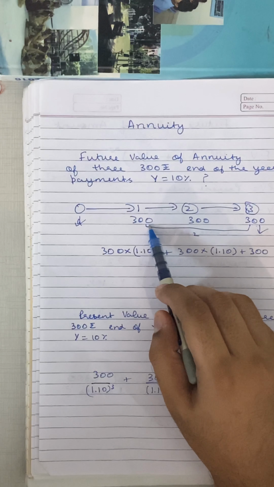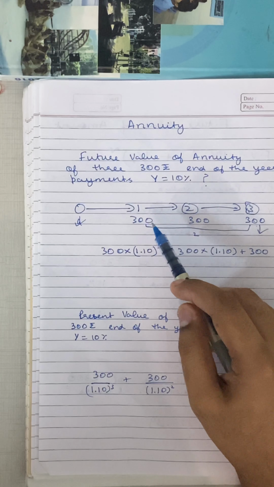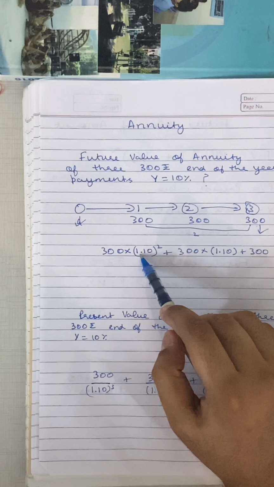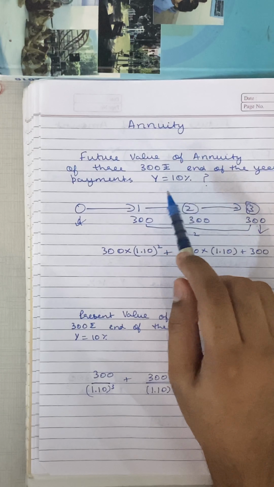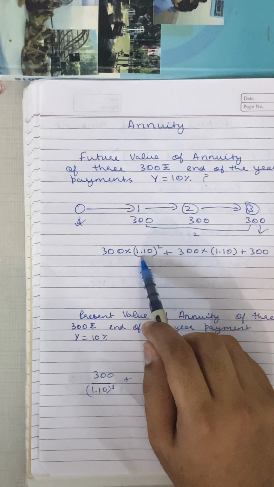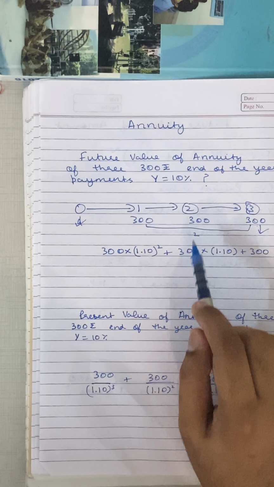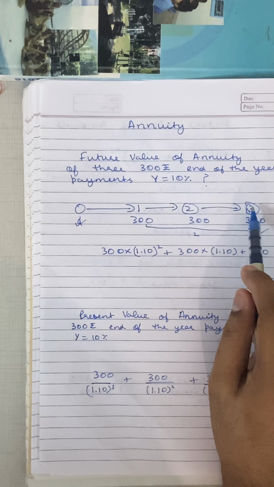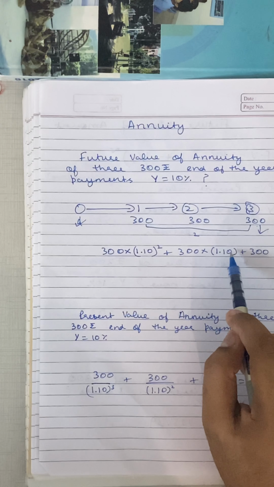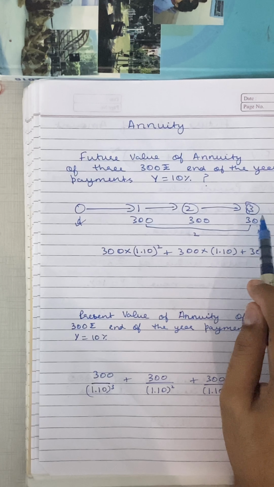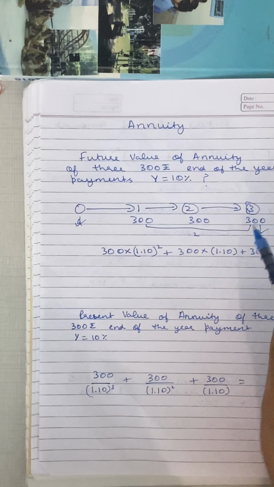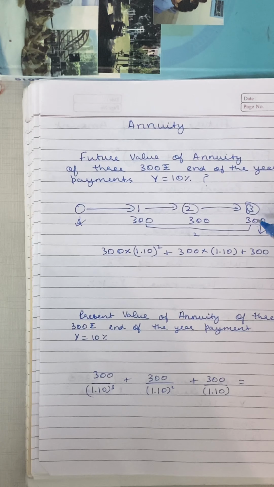So the first 300, if we want to add the interest as well, we will multiply it for 2 periods, 1.10 to the power 2. The second 300 is for only 1 period, so we will multiply it by 1.10. And the last 300 we have just received, so we can't invest it right now and earn interest within just a few hours, so it will be only 300 here.